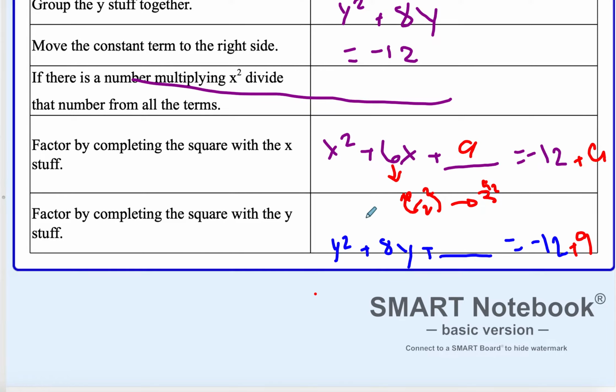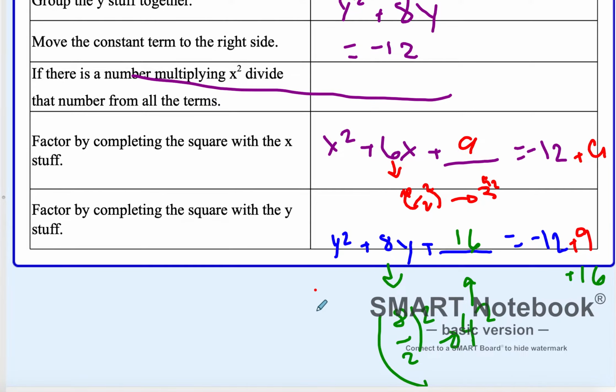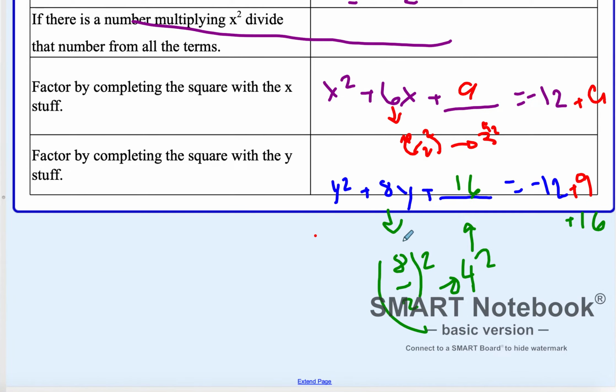So how are we getting this? Again, we're doing our b value divided by 2, squared. 8 divided by 2 is 4. 4 squared is 16. So we will also be adding a 16 to this side because what you do to one side, you have to do to the other.